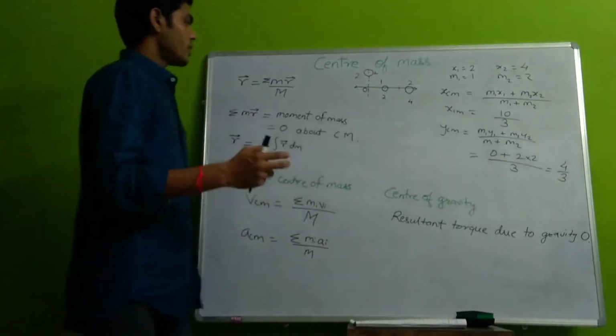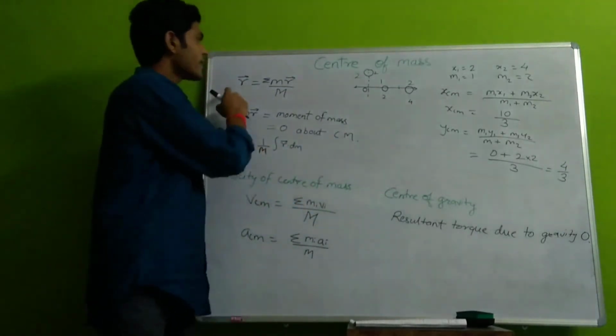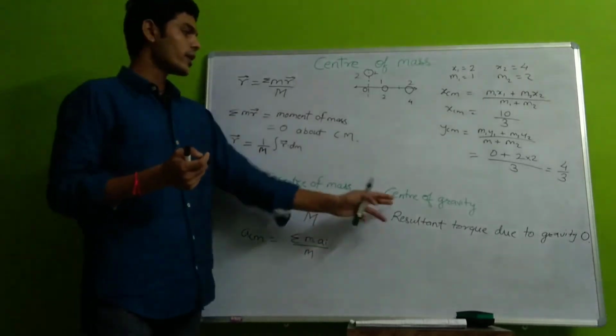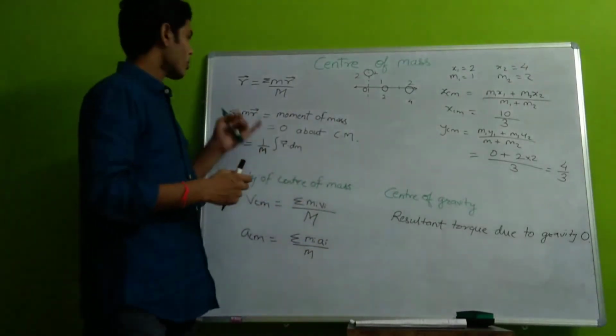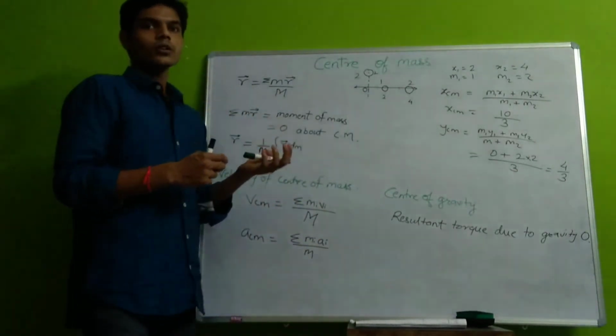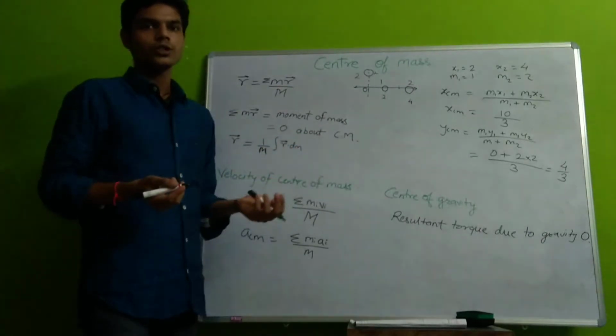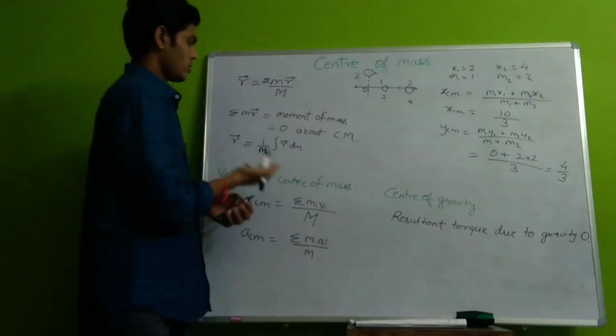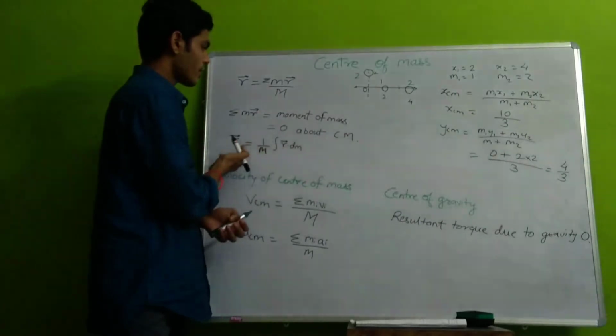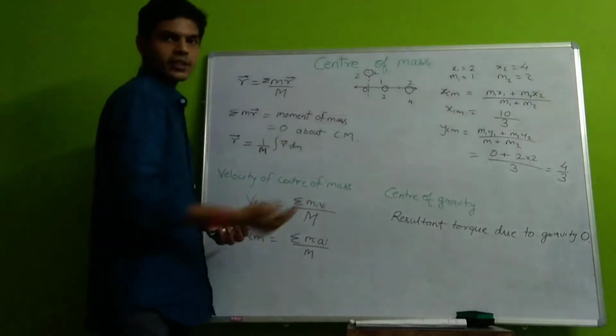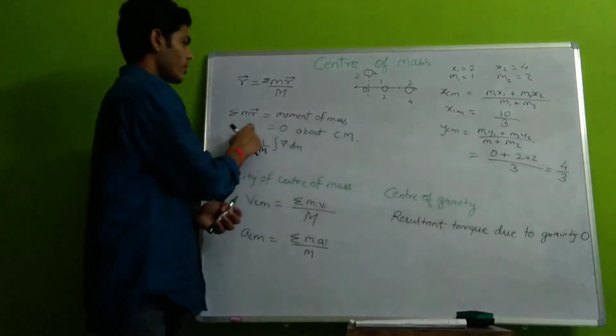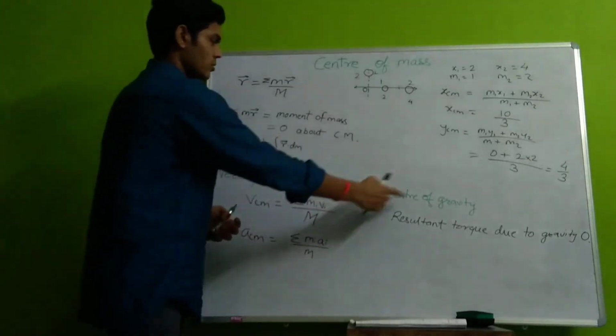The location of the center of gravity is the same as the location of the center of mass. Because we assume the gravitational force to be constant everywhere, the torque due to the gravitational field about the center of mass will also be the same.